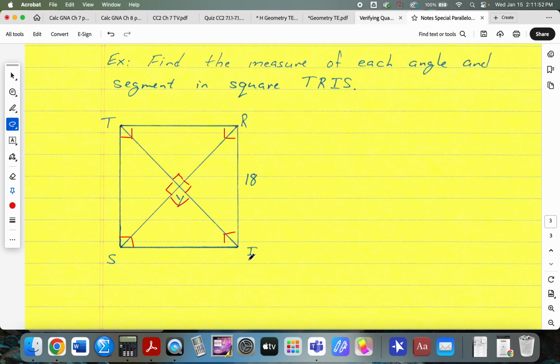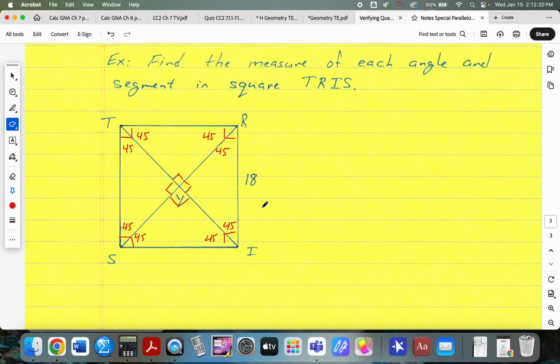And also because it's a rhombus, these angles are going to be congruent to each other. So the angles in a square, it's really easy. It's either a right angle or it's a 45-degree angle, every single one of them.